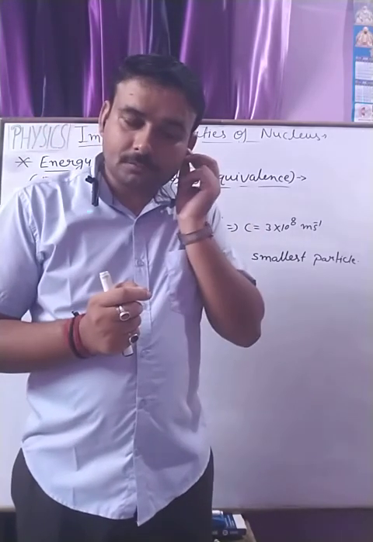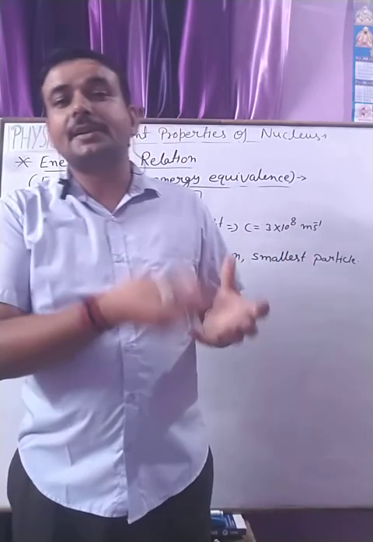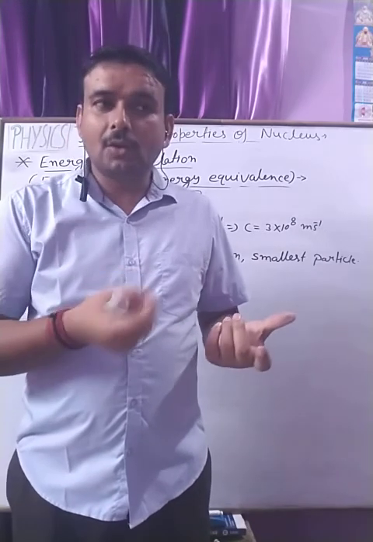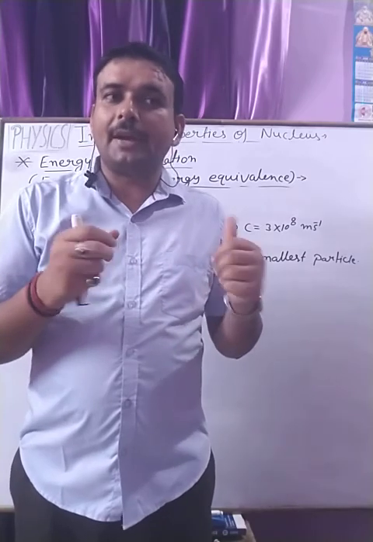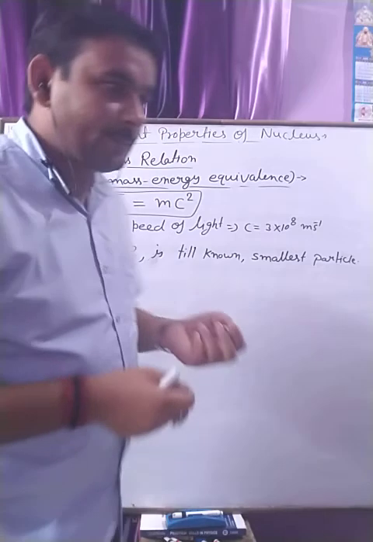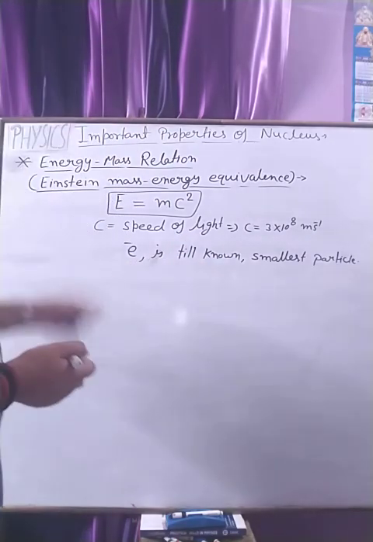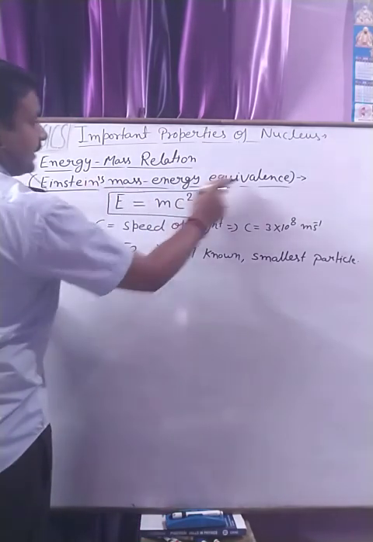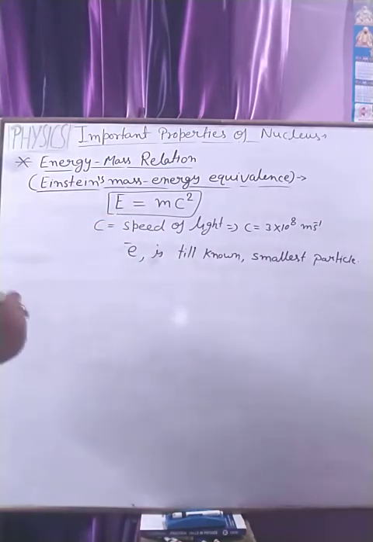The next process, in which the particle is regained in its original shape, is pair production, in which the energy in the gamma rays is converted into a mass particle. These two experiments are explained by Einstein. Hence, the relation is also known as Einstein's mass energy equivalence relation, that is, E is equal to mc square.